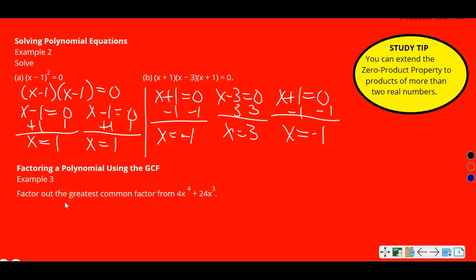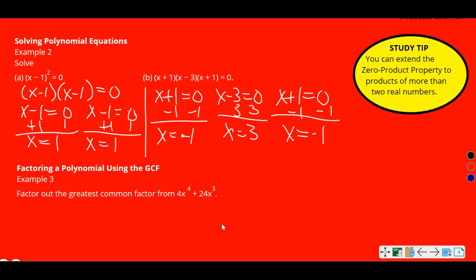All right, example 3, factoring a polynomial using the GCF. GCF is your greatest common factor. So it says factor out the greatest common factor from 4x to the 4th plus 24x to the 3rd. All right, so first just look at the numbers. You can tell both 4 and 24 have a GCF of 4.